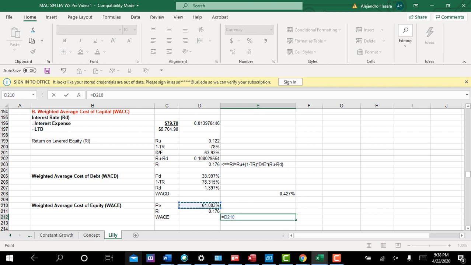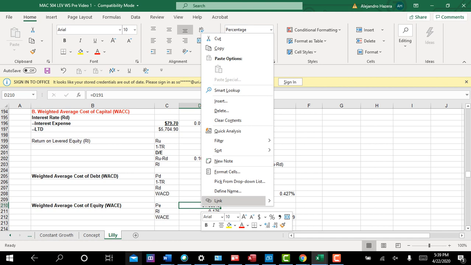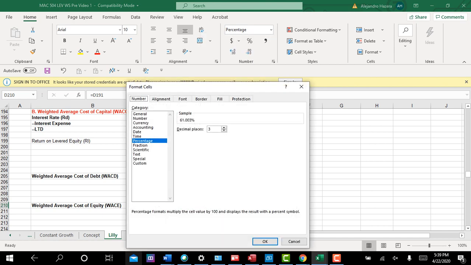So it's 61% times 17% more or less. So my weighted average cost of equity should be, it's point, I'm going to change this to point, I don't think it's going to change anything. I'm just getting a different number than I should. Let's see, first of all, let's change the formatting.